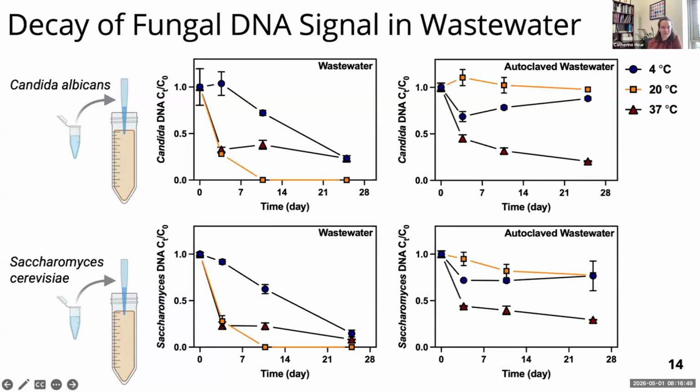But when we compare what we're seeing for decay for each fungal species, it's not necessarily matching the decay of total fungi. So again, we need to be careful about how we think about decay of individual genera and species. One caveat is that we definitely had Candida albicans to start with, so we can't really get at DNA decay rates exactly from these kinds of experiments, but we're thinking about that.